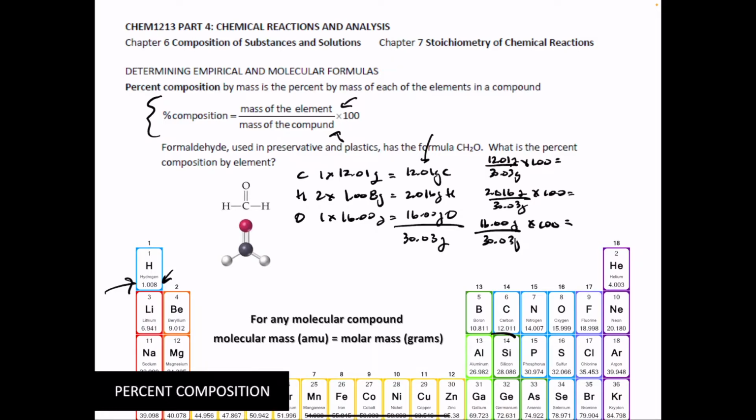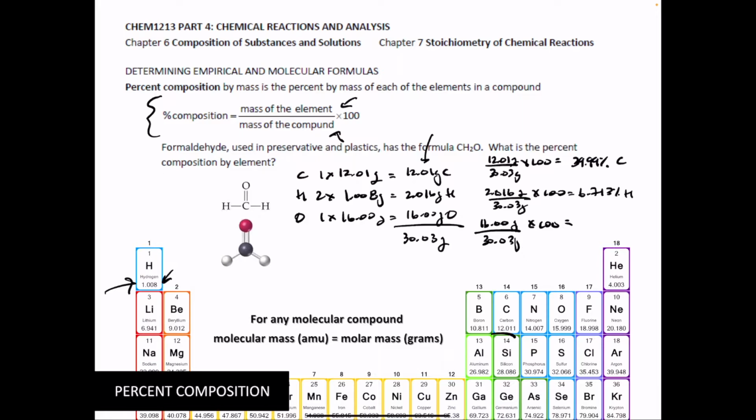So 12.01 divided by 30.03, I get 0.3999, times 100, 39.99%. 2.016 divided by 30.03 times 100 is 6.713% hydrogen.